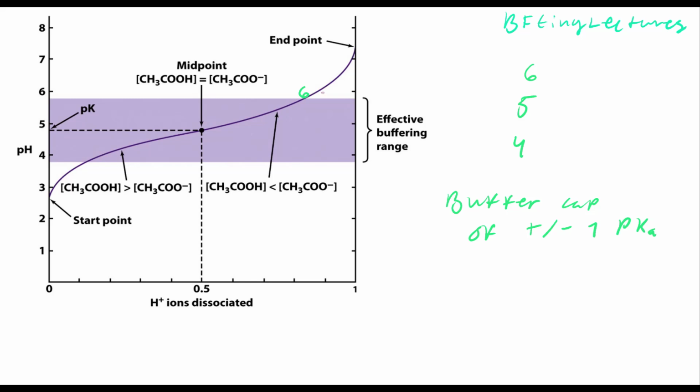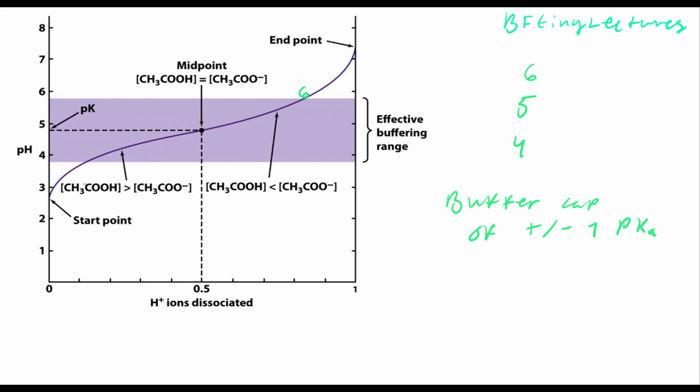So if you keep on adding bases and you're deprotonating, you're going to have a very, very basic substance, okay? But in the same idea, if you were to add acid and acid and acid, and you're protonating this substance, the most acidic that you can get before your buffer fails is 4, okay? So once you hit 4 and you add a little bit more acid, you're going to shoot down to maybe 1 or 0.